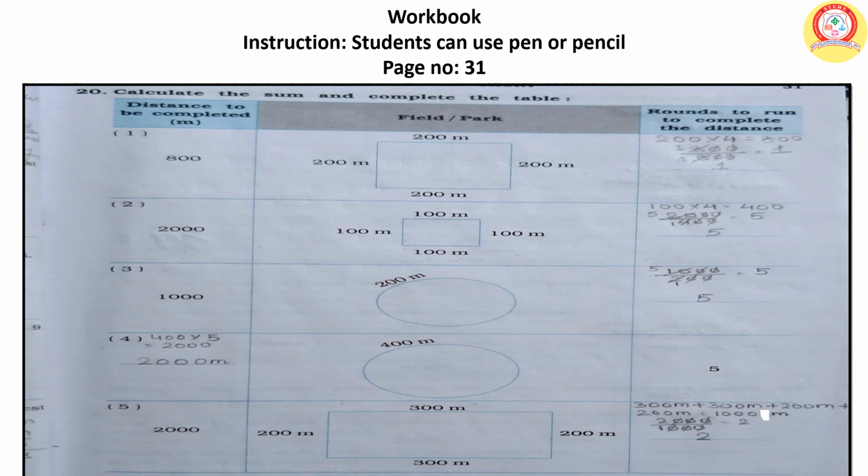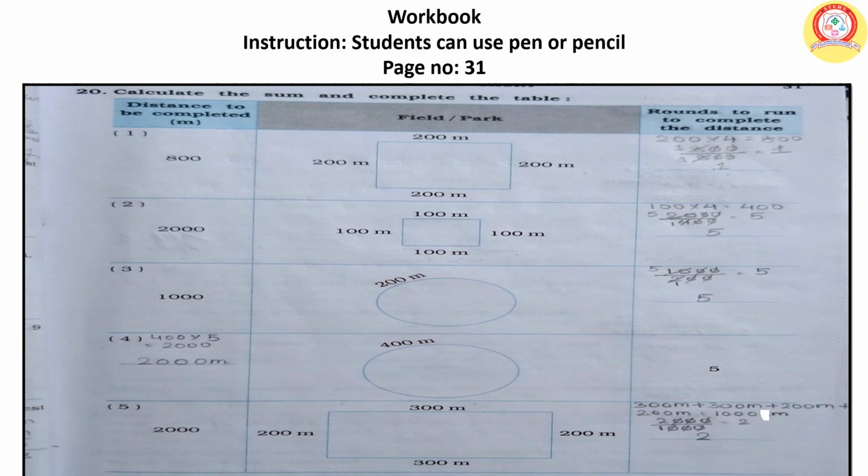Now we will see how many rounds are required to cover 2000 meter. So children, we will divide distance to be covered by the length of the round. So 2000 divided by 1000, we will get 2 rounds to run to complete the distance.